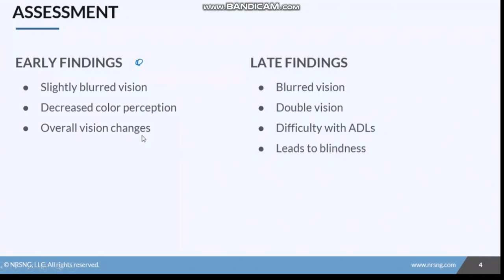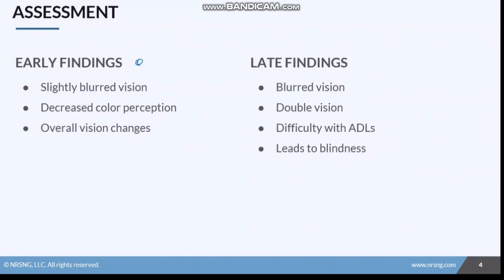Vision just continues to get worse until things like driving become unmanageable, and it continues to compact and get worse. This leads to blurred vision, double vision, difficulty with ADLs, and it can lead to blindness if untreated.